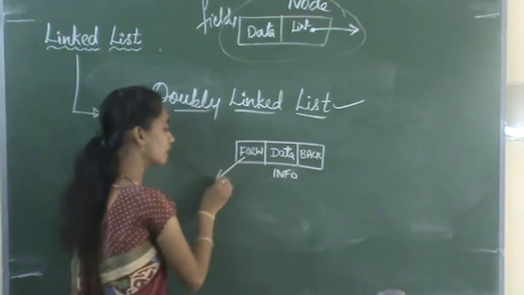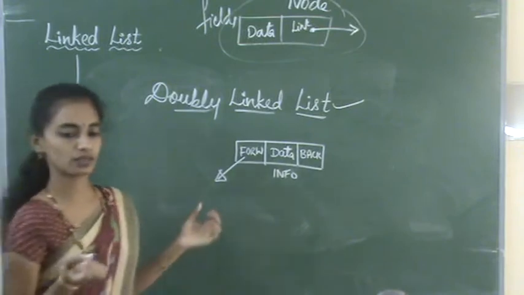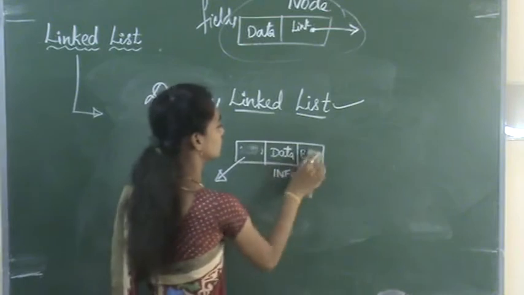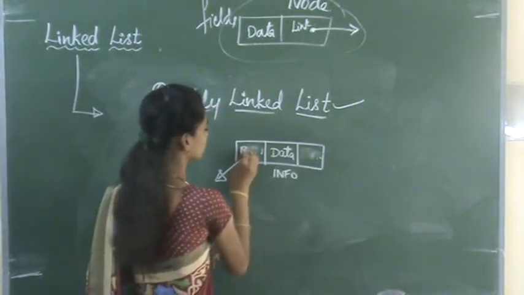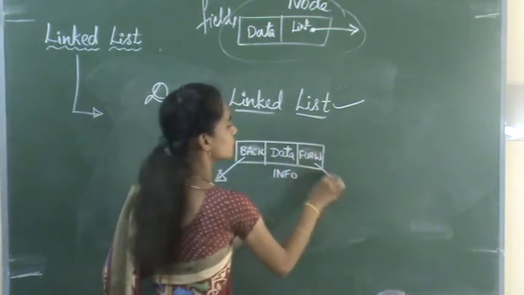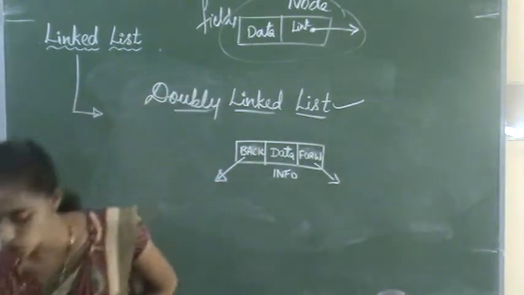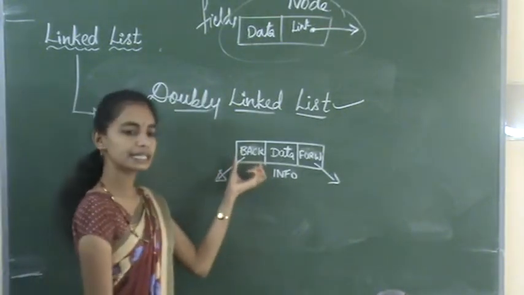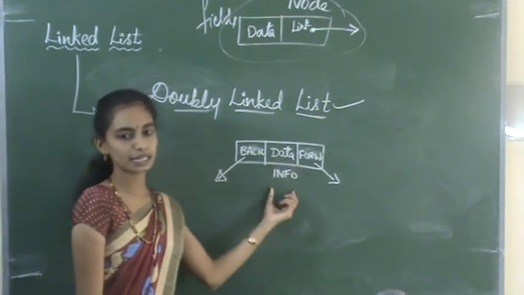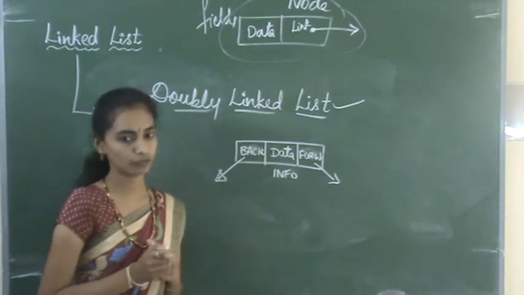The forward field contains the address of the next node, the backward field contains the address of the previous node, and the information field contains the data of the node.